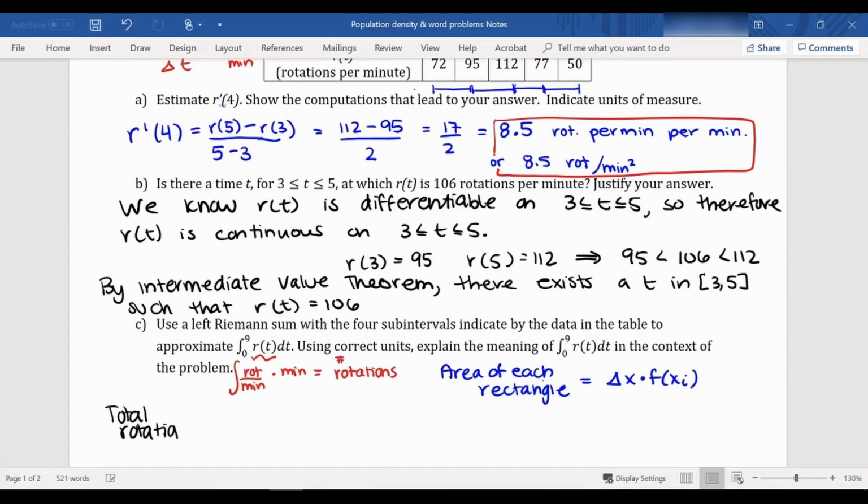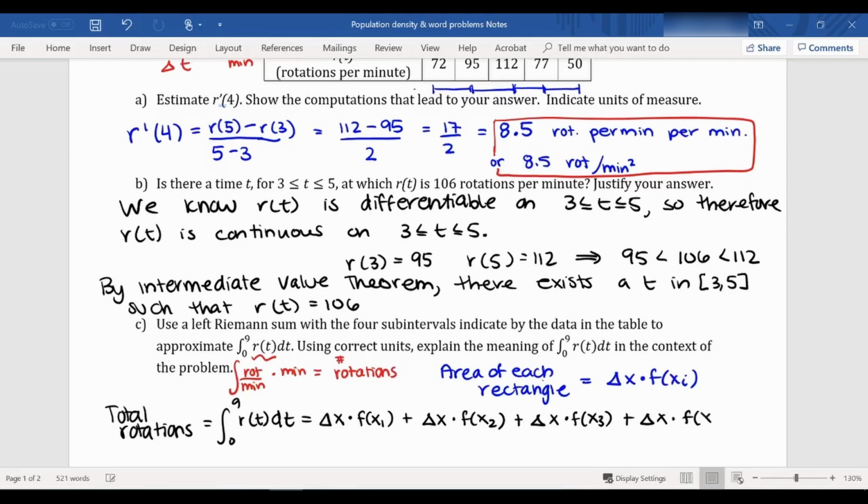So what this means is my total rotations is equal to the integral from 0 to 9 of r of t dt, or using a Riemann sum with a finite number of subintervals, this is going to be delta x times f of x1 plus delta x times f of x2 plus delta x times f of x3 plus delta x times f of x4.